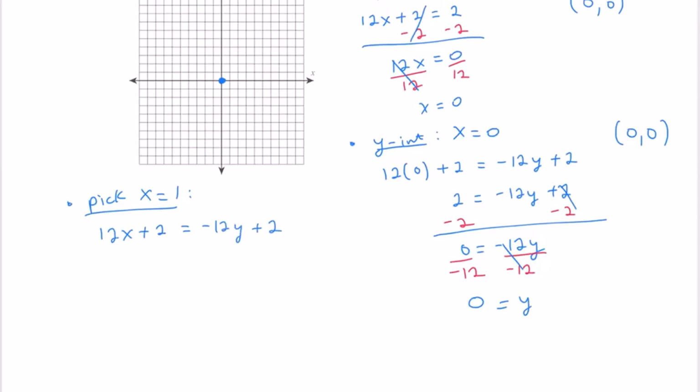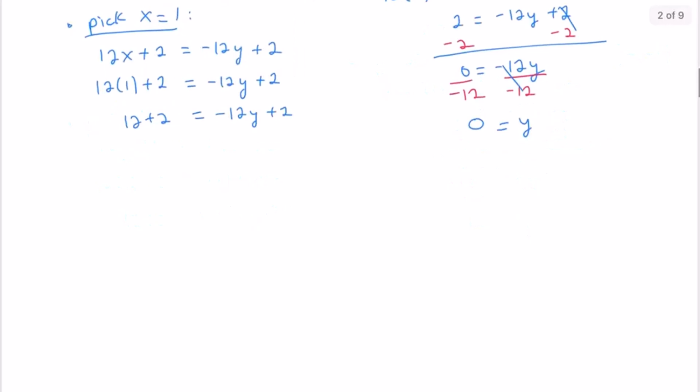So let's plug 1 in for x. And we have 12 times 1 plus 2 is equal to negative 12y plus 2. So this is 12 plus 2 is equal to negative 12y plus 2. So that is 14 is equal to negative 12y plus 2. Solve for y, so minus 2 over. And we have 12 is equal to negative 12y.